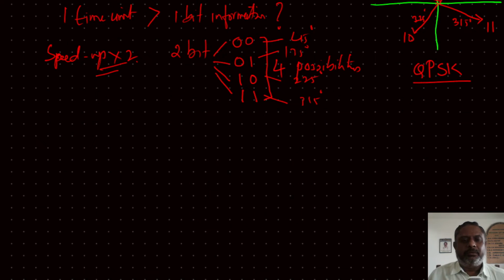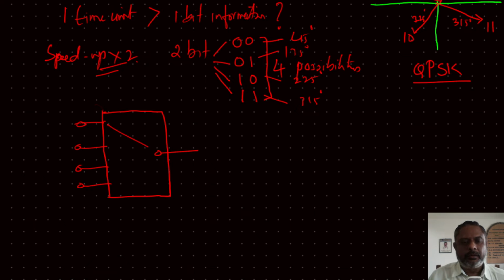So in short, what we are doing is we are using some multiplexer like thing. And that's under control of our 2 signals.